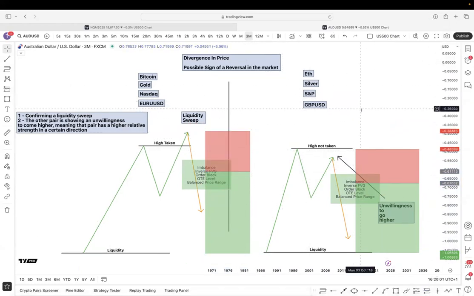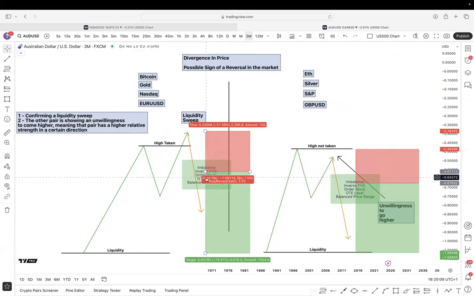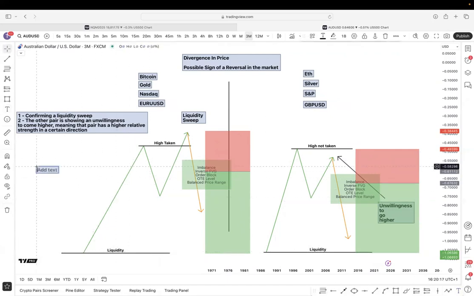And what you're aiming for here, the rules that you're going to need to write down, is that you need a 1 to 2. Without a 1 to 2, you're not taking the trade. But for a 1 to 2 to be intact, you need to have liquidity as well. So basically, the rules for entry are as follows. Stop loss above divergence.